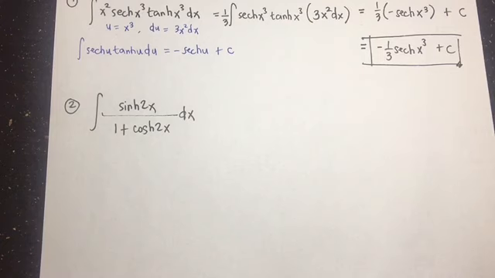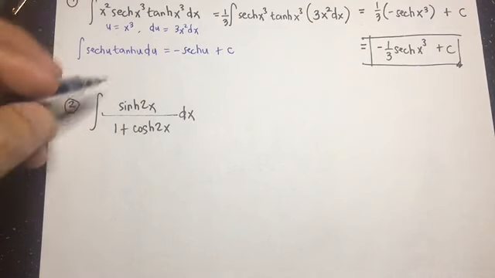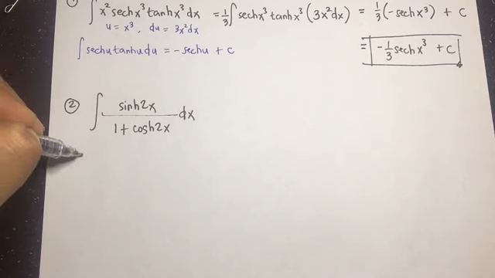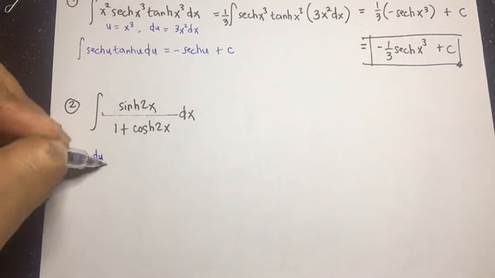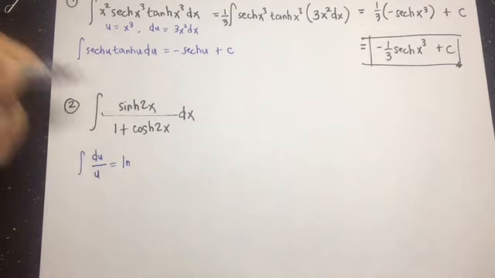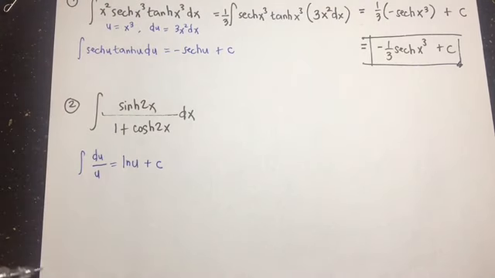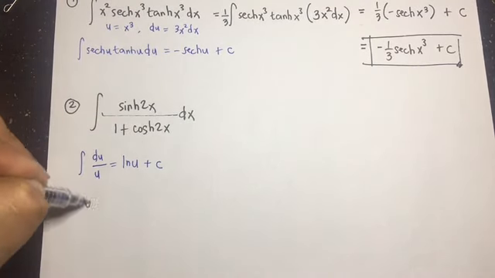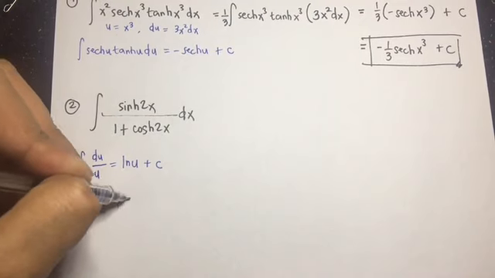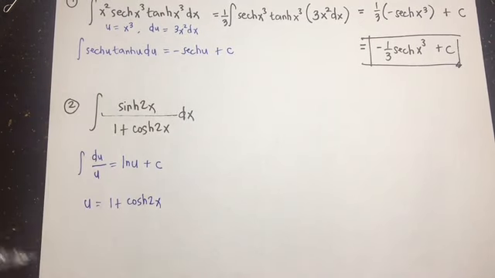So here, let's review our formula for ln. The integral of du over u is equal to ln of u plus c. So in this problem, our u is equal to 1 plus hyperbolic cosine of 2x.